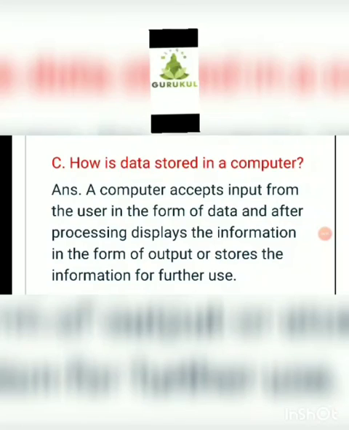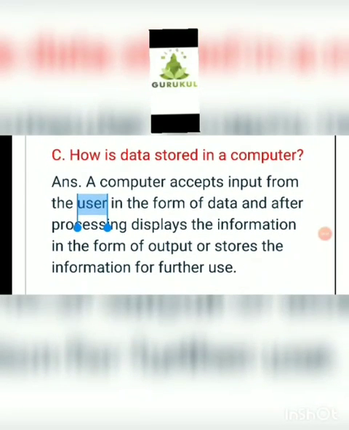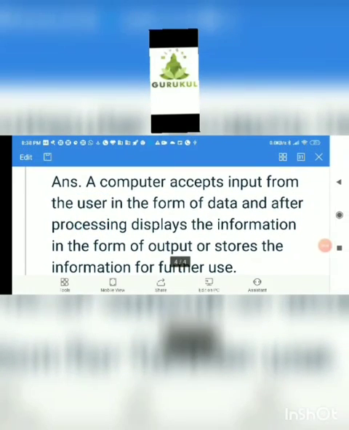The second type of memory is the secondary memory. It is the permanent memory, meaning the data and information will be saved in this memory until and unless we delete the files. So this is known as the computer storage device, where the data is stored for future use.